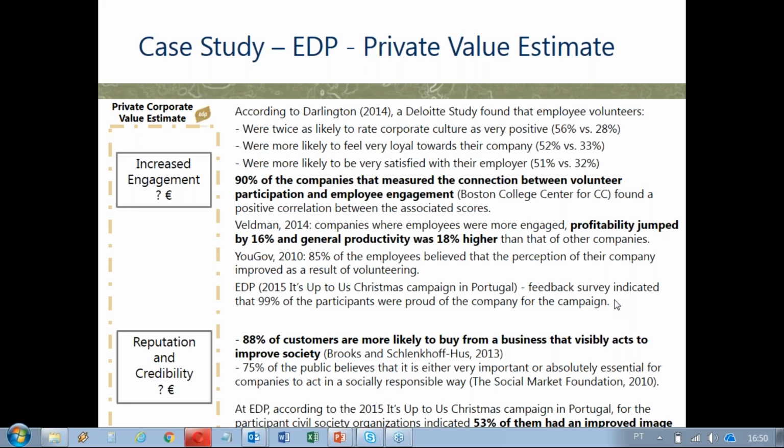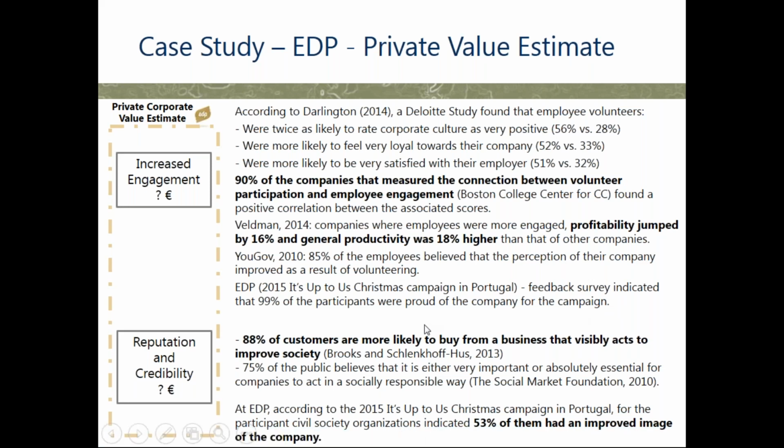And this is a little bit of an indirect measurement of the alignment with the company. In terms of reputation and credibility, we have a little bit more general data. We know that the vast majority of customers are more likely to buy from a business that acts to improve society.